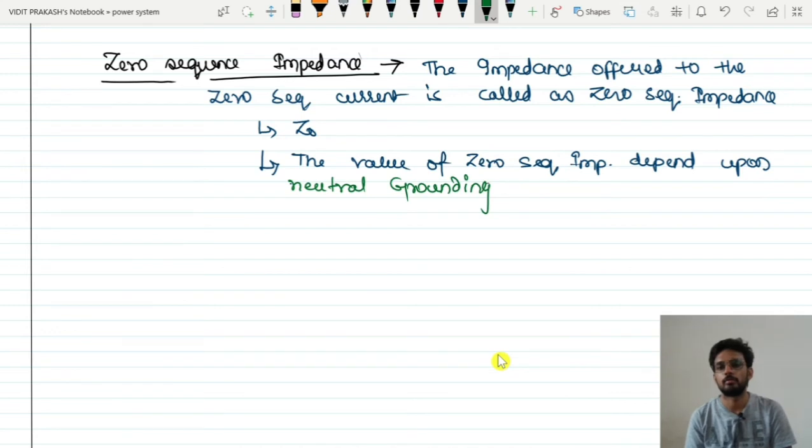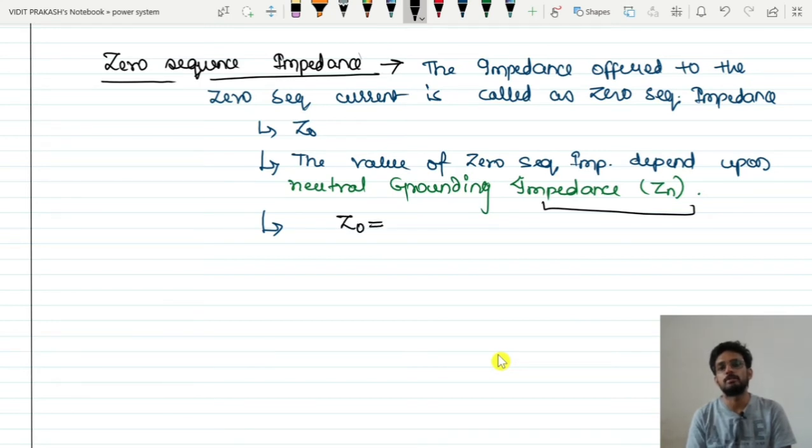Or we can write, neutral grounding impedance, that is Zn. So if the neutral is grounded with impedance Zn, then your zero sequence impedance will be equal to 3Zn.